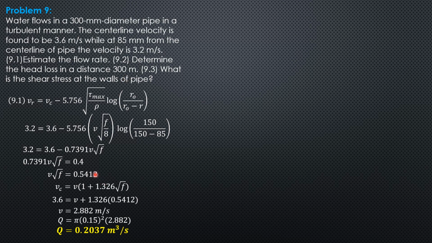So first, let's solve for f, and head loss is 0.0826 f L Q squared over diameter to the fifth by the Darcy-Weisbach formula. So V square root of f is 0.5412 and V is 2.882.